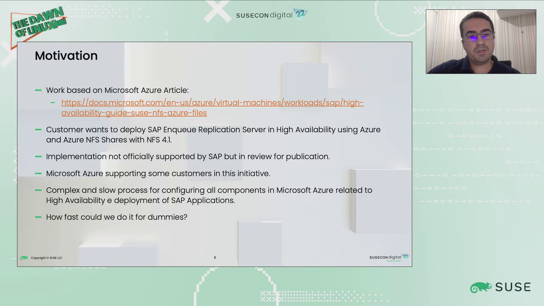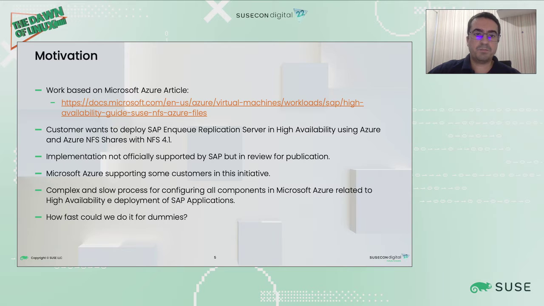The last motivation here is that we challenged ourselves about how we could make it as fast as possible, as easy as possible for dummies. So people that sometimes have low or basic knowledge of SAP, it could be possible to make it easier for those people also to deploy a complex infrastructure of SAP using high availability.